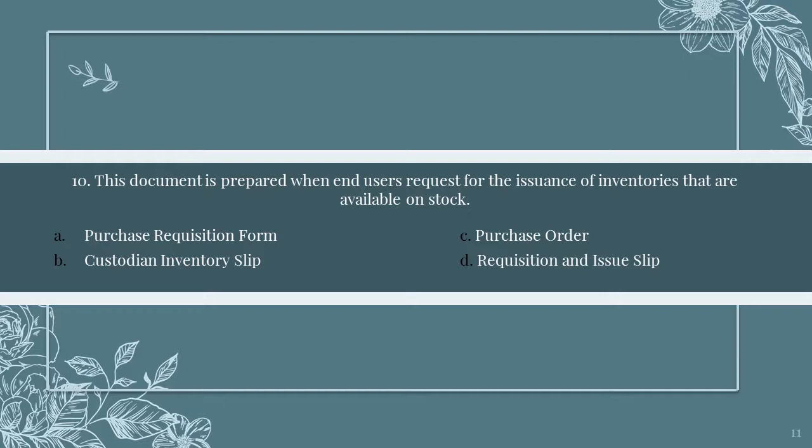So I have discussed this in the true or false statements, that requisition and issue slips are prepared when end users request for issuance of inventories that are available on stock. Because letter A, purchase requisition form, is for the issuance of inventories that are not available on stock. That's why the answer for this item is letter D.